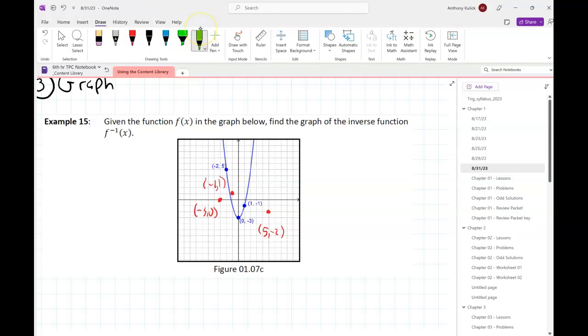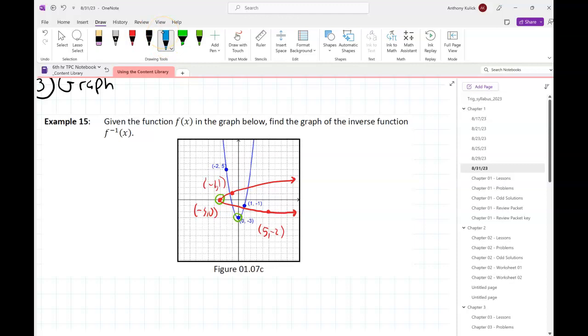Now, how do I connect these points? Well, the vertex of my function should still be the vertex for my inverse, and the shape of my inverse should still be the same. So it should just look like that. Is everybody okay with how I drew this?